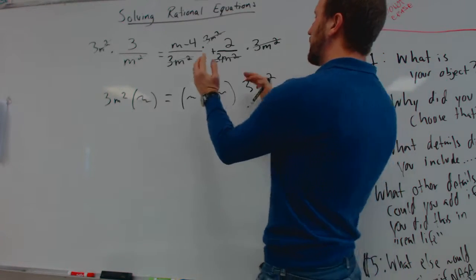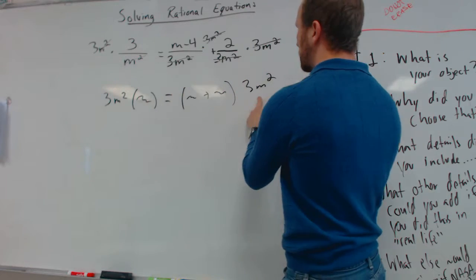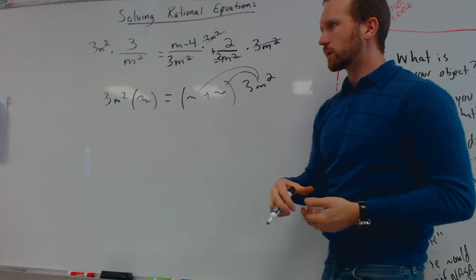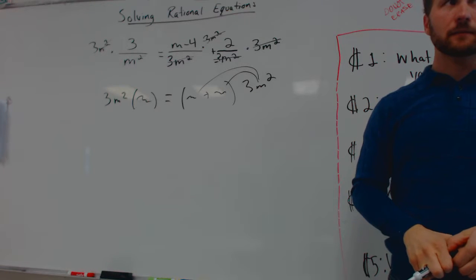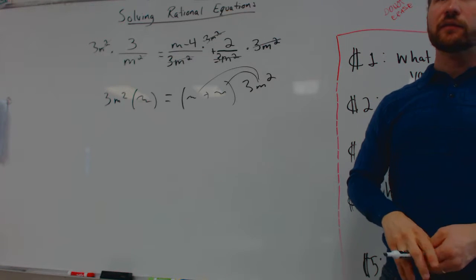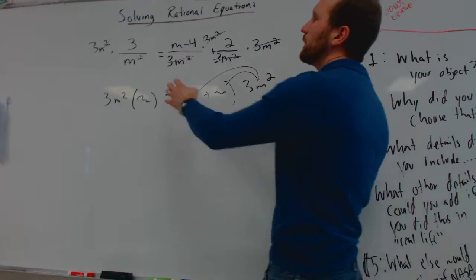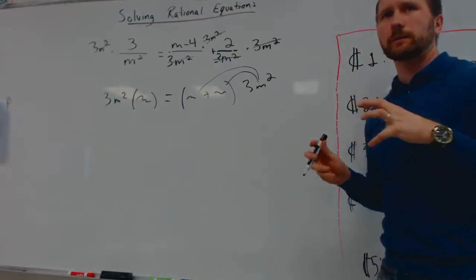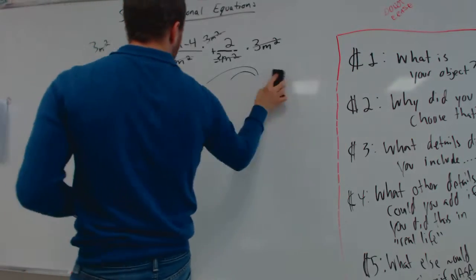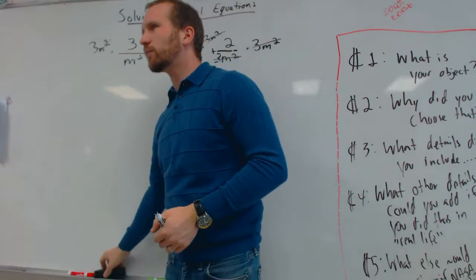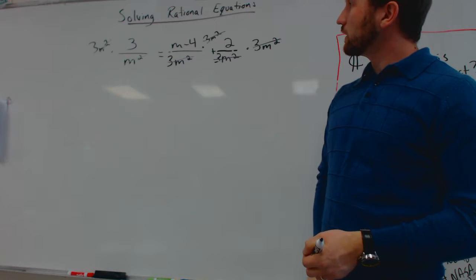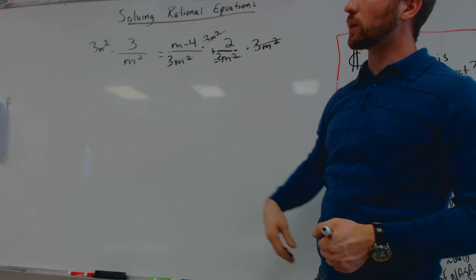I multiply this side times 3m squared, and then I distribute the 3m squared to both things in the parentheses. The overall effect is I multiply every single term times 3m squared. Does that answer your question? Distributive property? Leo? Yes. So we just distribute. Okay.